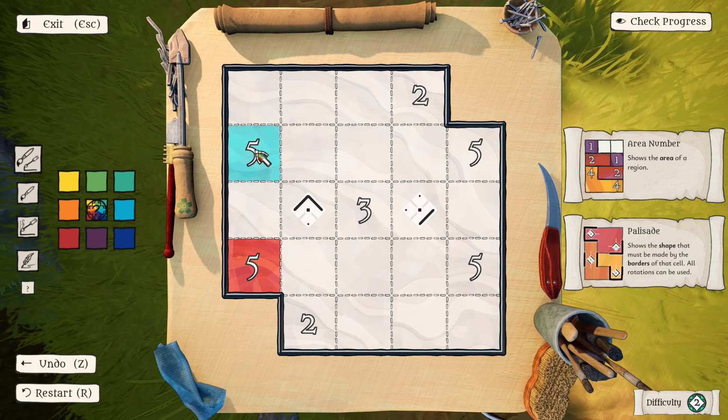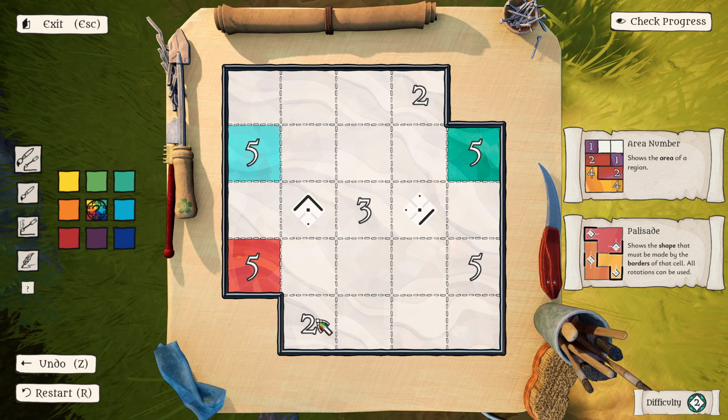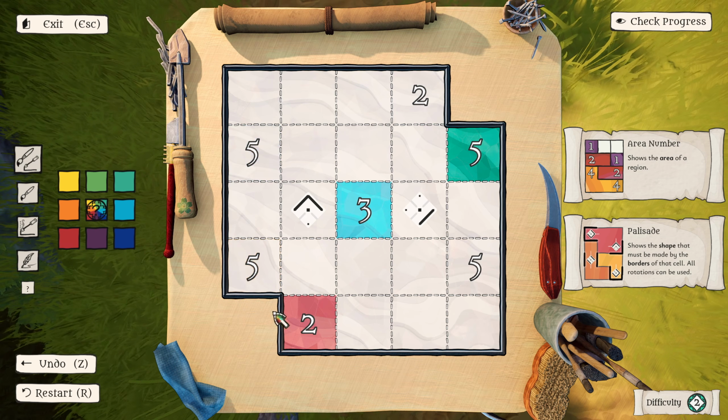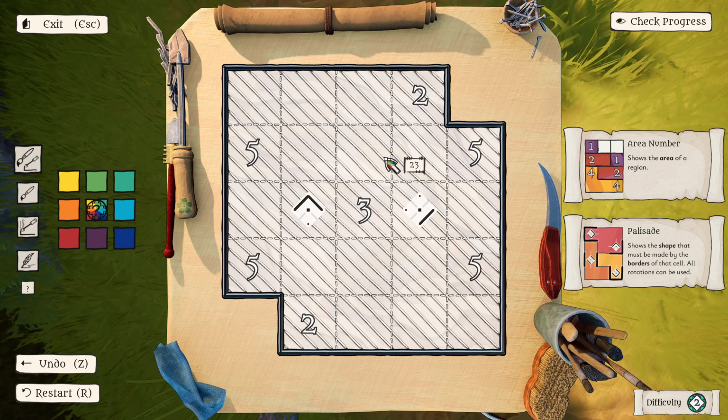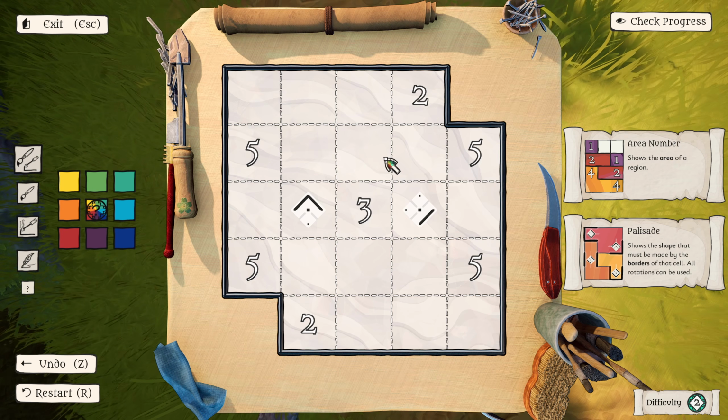So we do 5, 10, 15, 16, 17, 18, 19, 20, 21, 22. I feel like at least 2 of these 5s have to be in a region together, at the least. Where else can we begin?